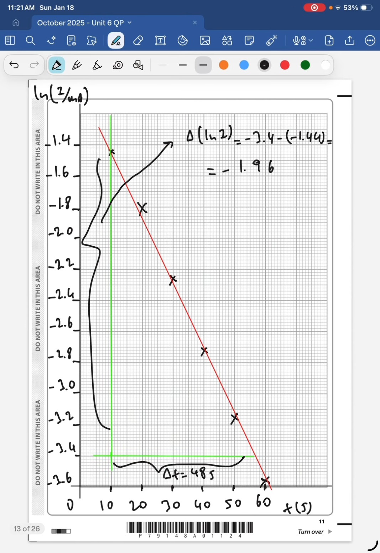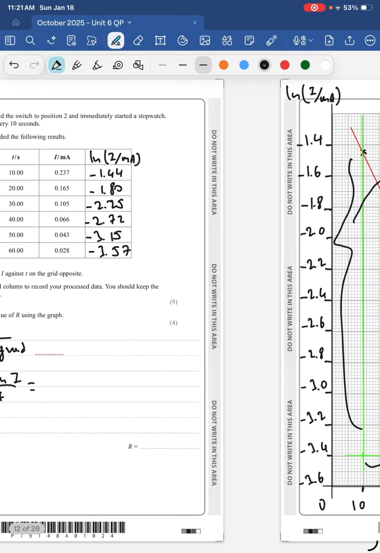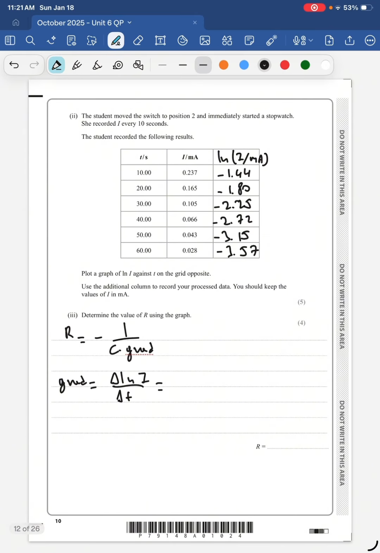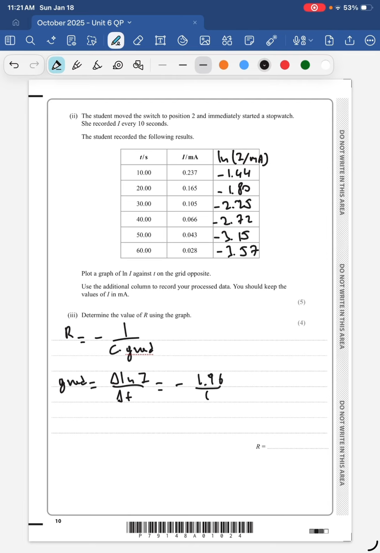So the gradient is delta ln of I over delta t, which is minus 1.96 over 48, which is minus 0.04. Let's call it 0.041 maybe.